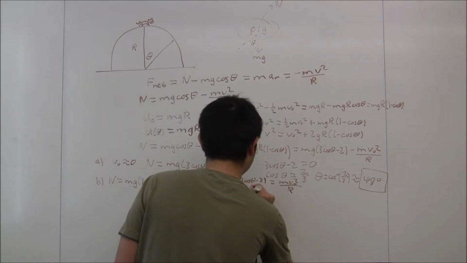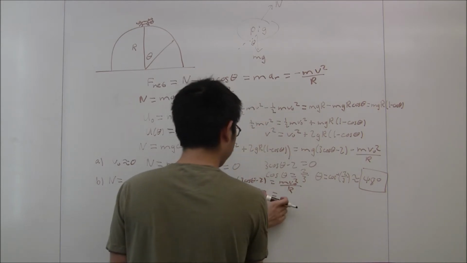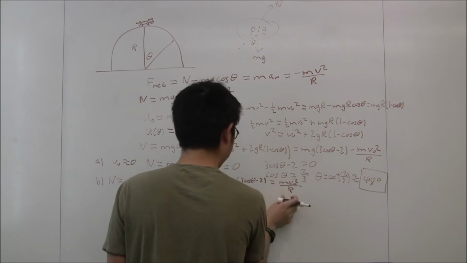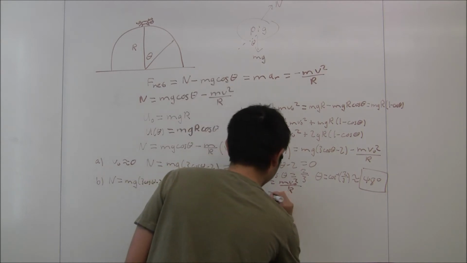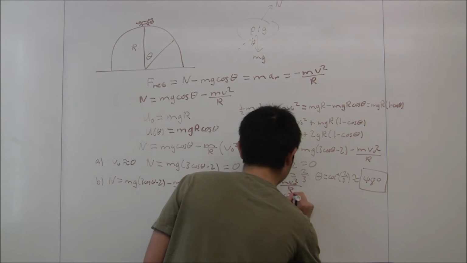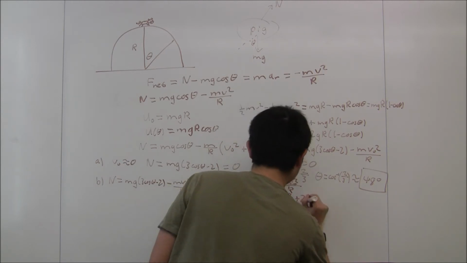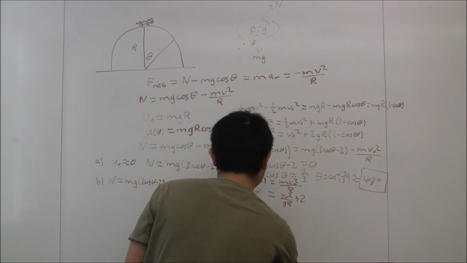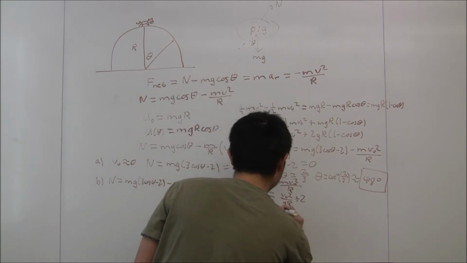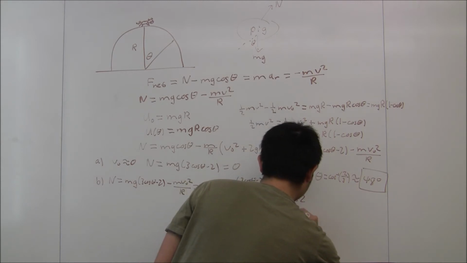Let's move that to the other side. 3 cosine theta is equal to v0 squared over gr plus 2, which means that cosine theta is equal to 1 over 3 times v0 squared over gr plus 2.